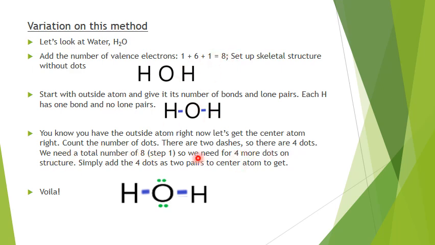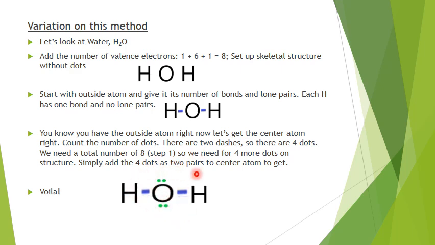What we do is those extra dots that we need, we'll just simply put them on the center atom in pairs. You don't put them all together as 4. 1, 2, 3, 4. You split them up into 2 pairs. And look, that's exactly what we got before. And we didn't even care about what oxygen looked like. And it turned out it works.